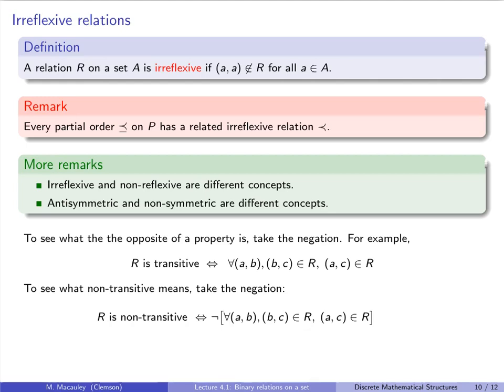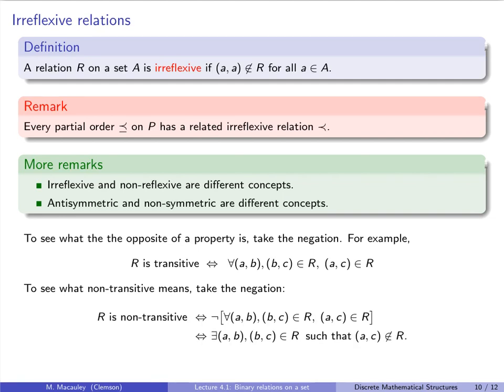R is non-transitive means that this property is false. So it is not true that for all A and B and C, A and C has to be in R. Remember how to do this? So the negation comes inside, and this for all flips to there exists, and it negates this inner clause.